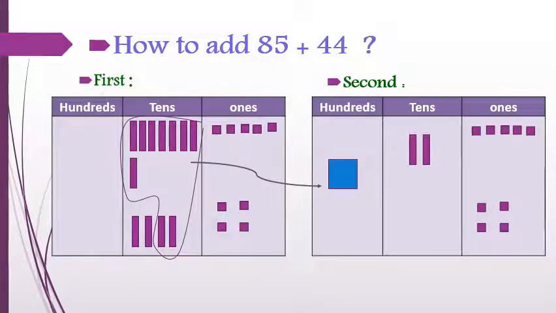And the rest will be just 2 tens. And start counting the ones. The ones here is 9. And I have 2 tens and just 100. So the number will be 129. So 85 plus 44 equals 129.